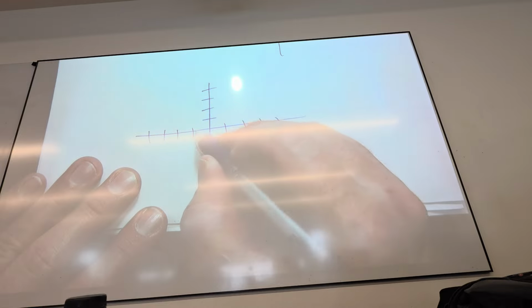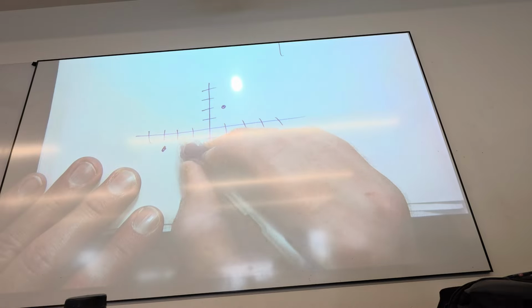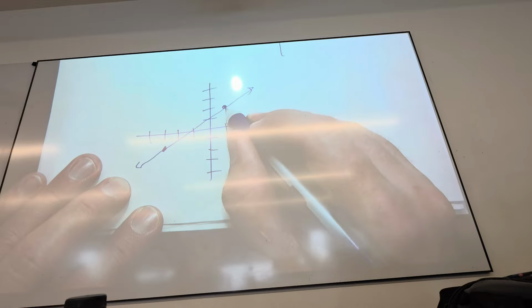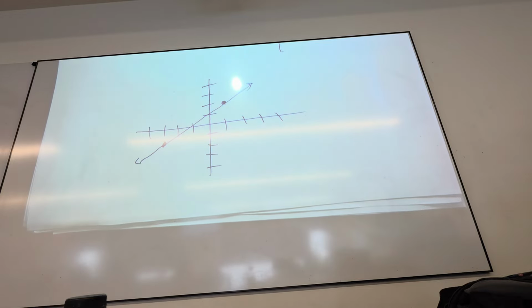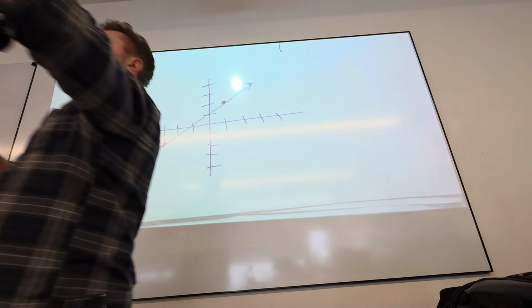If I had one point here and the other point there on this line, that's the straightest line I ever drew in my life. What's the idea of slope? Somebody just said it. Rise over run.